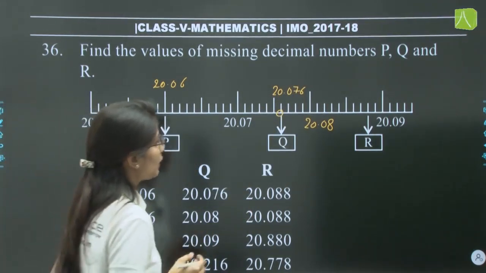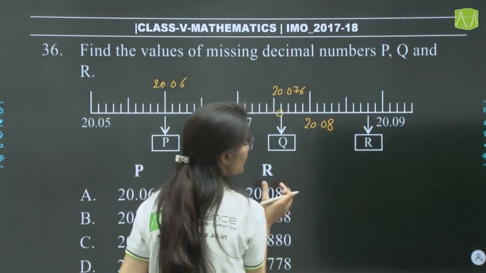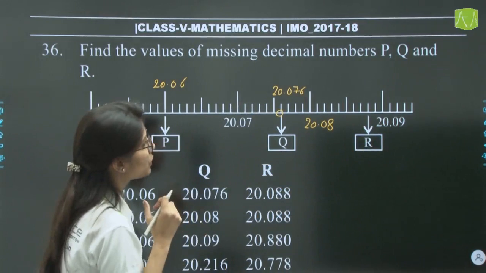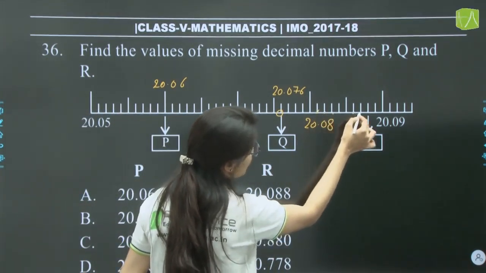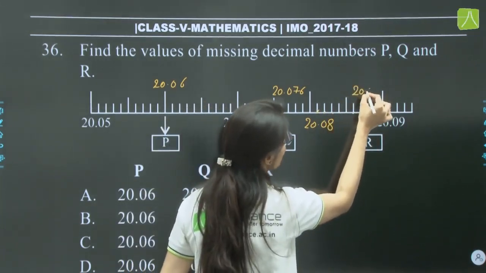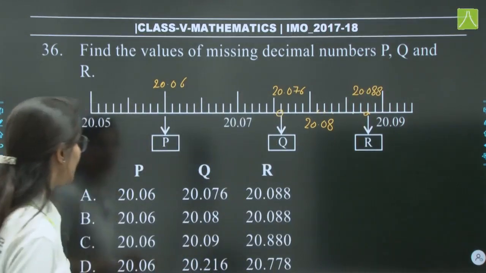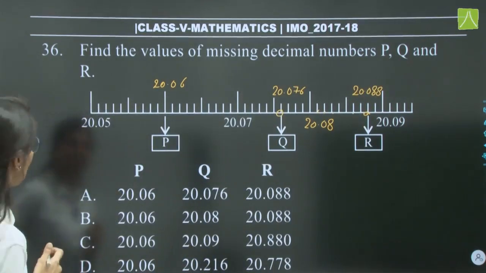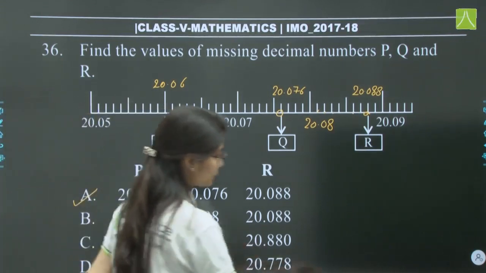And for the last value R, it's between 20.08 and 20.09, and the position of R is 1, 2, 3, 4, 5, 6, 7, 8. So you can write this as 20.088. So we got the values of P, Q, R and the right answer is option A. So let's take the next question now.